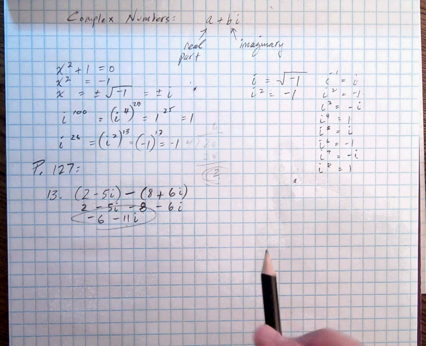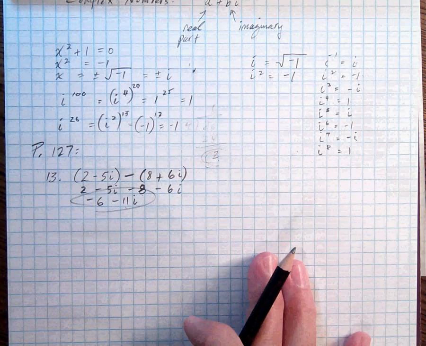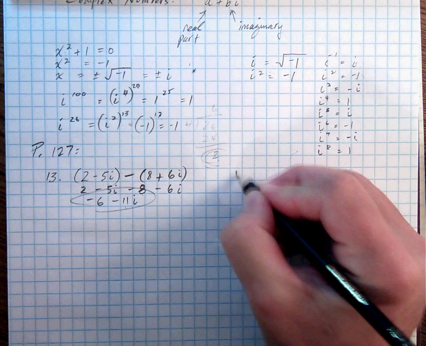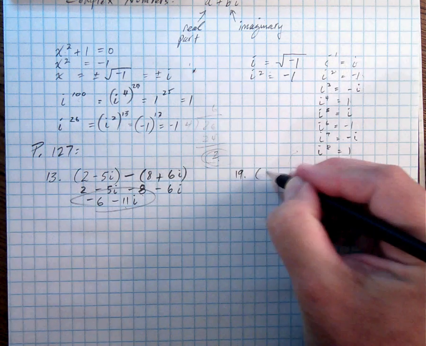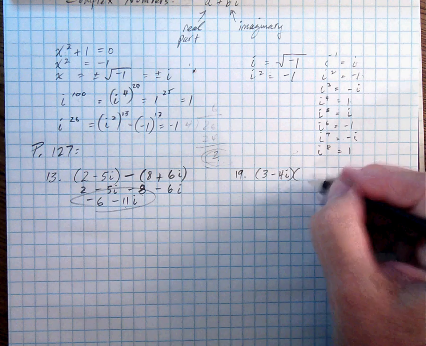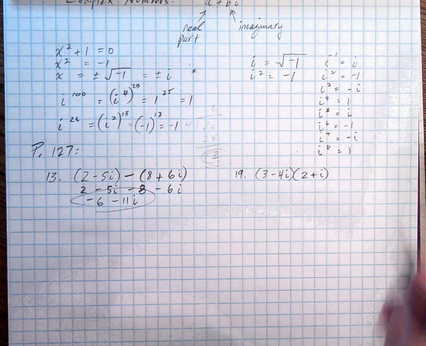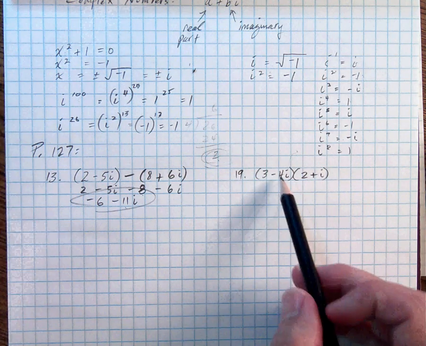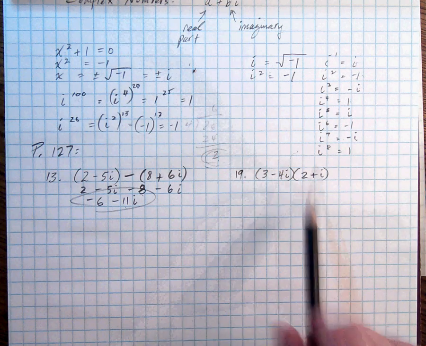Alright, what about multiplying complex numbers? So number 19 is 3 minus 4i times 2 plus I. So you would multiply these just like you'd multiply out any two binomial polynomials that you have, right?